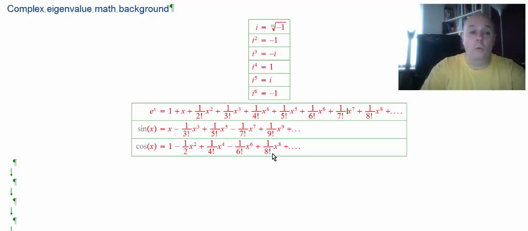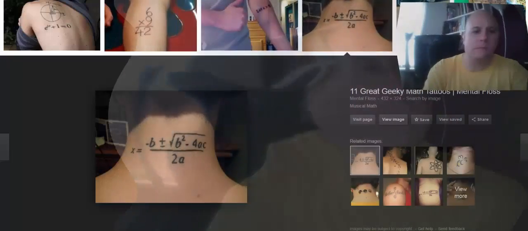So what I need to do is make an equation, Euler's equation, with this. In the last video when we were doing repeated roots, I asked you to Google math tattoos. If you do it again, Google math tattoos, or let's just see what we got here.